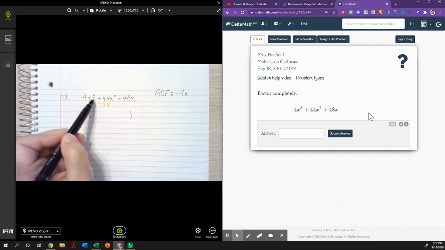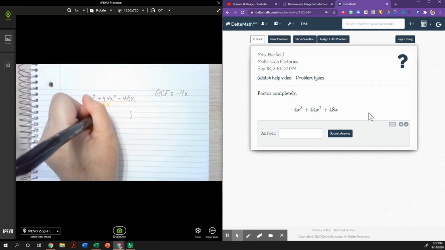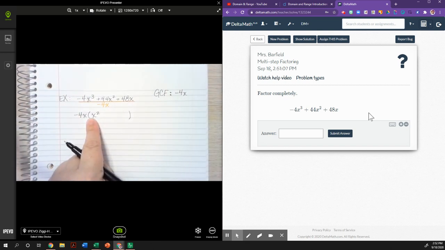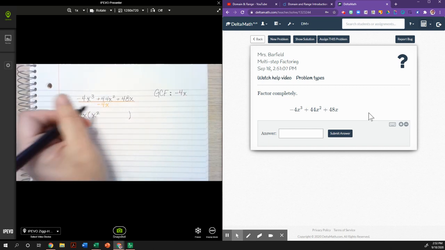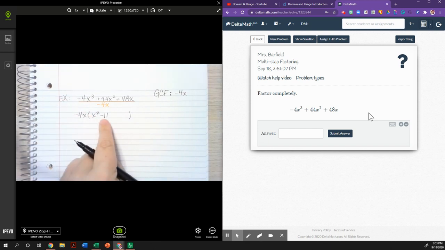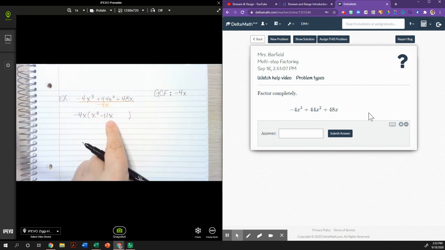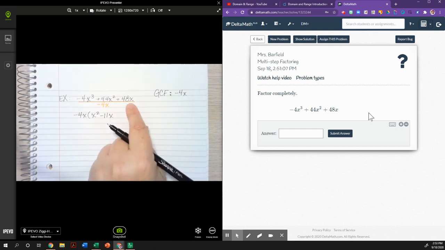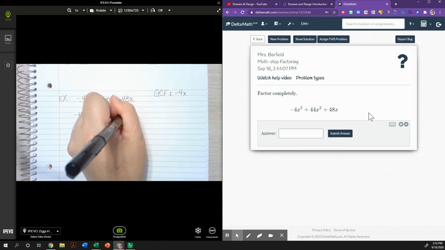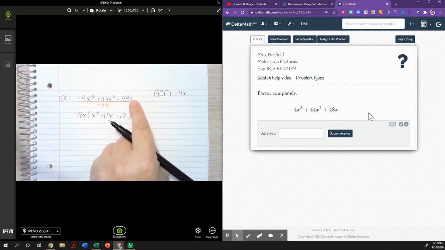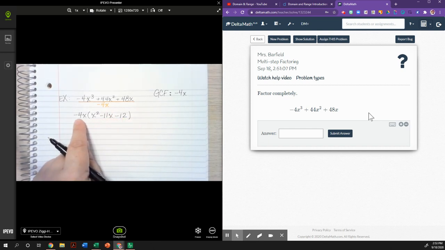I subtract my exponents, 3 minus 1 is 2, so x squared. 44 divided by -4 is -11, 2 minus 1 is x. Last term, 48 divided by negative 4 is negative 12, and then the x's eliminate. So that is my first step.